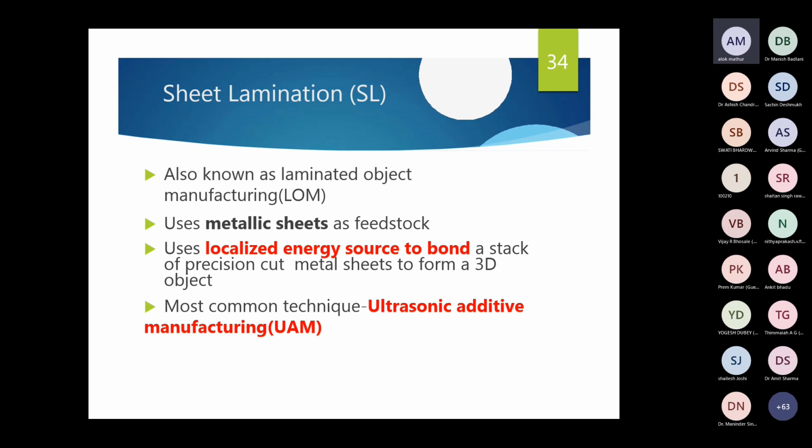Now we can see the sheet type. When a sheet is used, we can call it laminated object manufacturing. Metallic sheets are used as feedstock in this method. We use a localized energy source to bond a stack of precision-cut metal sheets to form a 3D object. The most common technique is ultrasonic additive manufacturing, UAM.